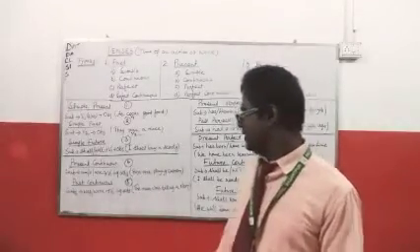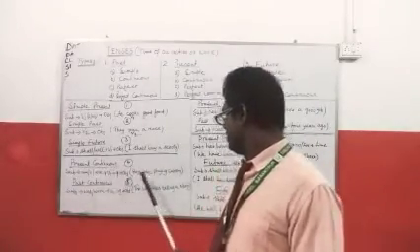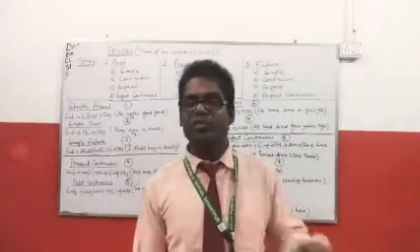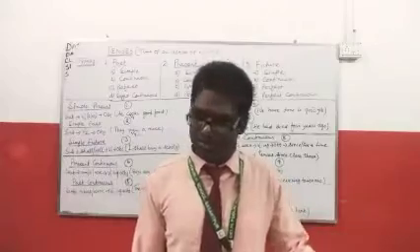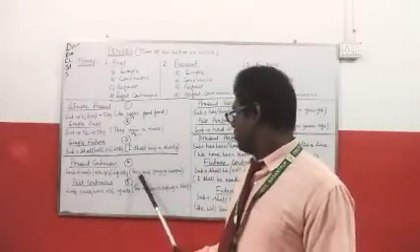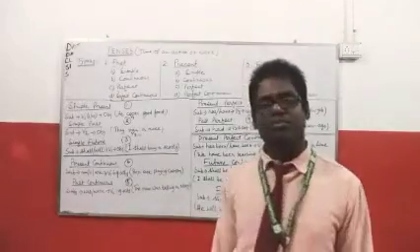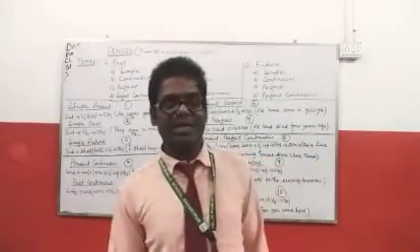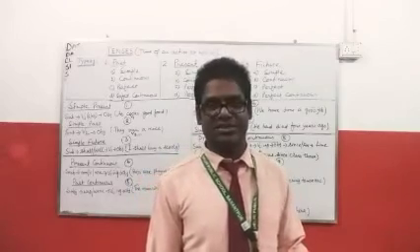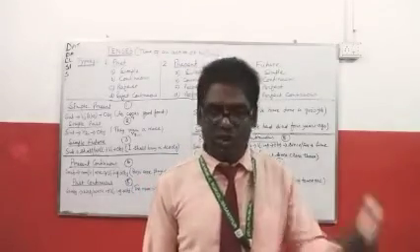Okay, boys are. Then V1 and ing. V1 is play. V2 played. V3 played. V1 play. This ing, playing. So boys are playing carom. That means an activity going on at present. That means the playing is going on now.